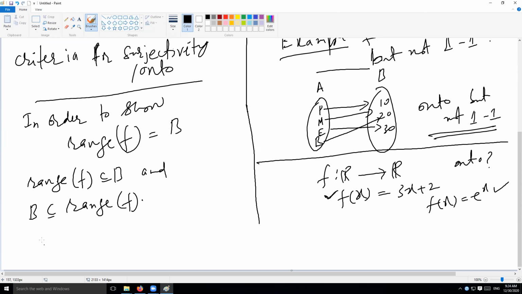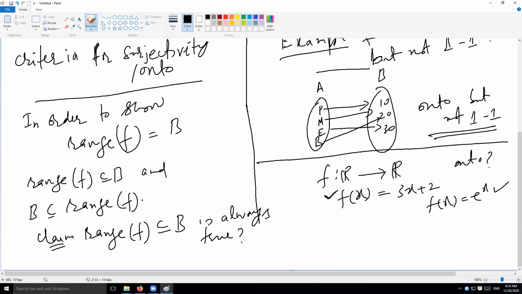Now my claim is that this, that range is a subset of the codomain, is always true. If f is a function, it must be always true.